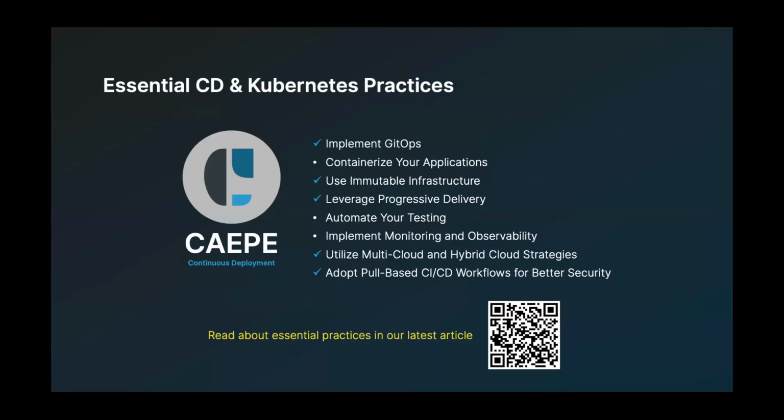So that was very short, in regards to an idea of how CAEPE can support you with some of the essential key components of the best practices that are out there, especially from a Kubernetes perspective, of what you need to do, where CAEPE can really support in extending your GitOps, the use of infrastructure, being able to deploy.